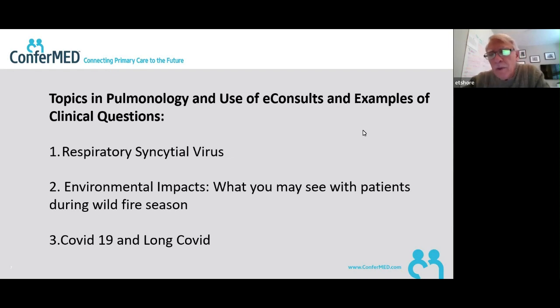It's a respiratory virus, and it gives symptoms very similar to other respiratory viruses, whether it's flu, COVID, or adeno: shortness of breath, cough, wheezing, fatigue.